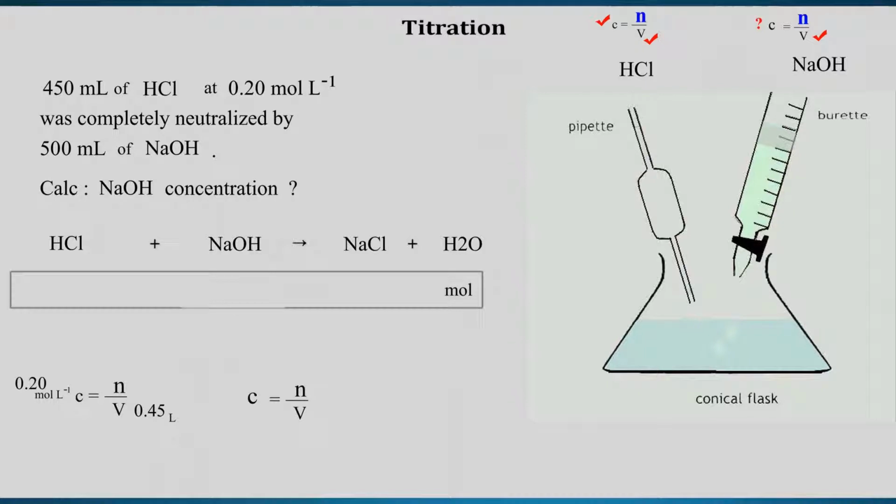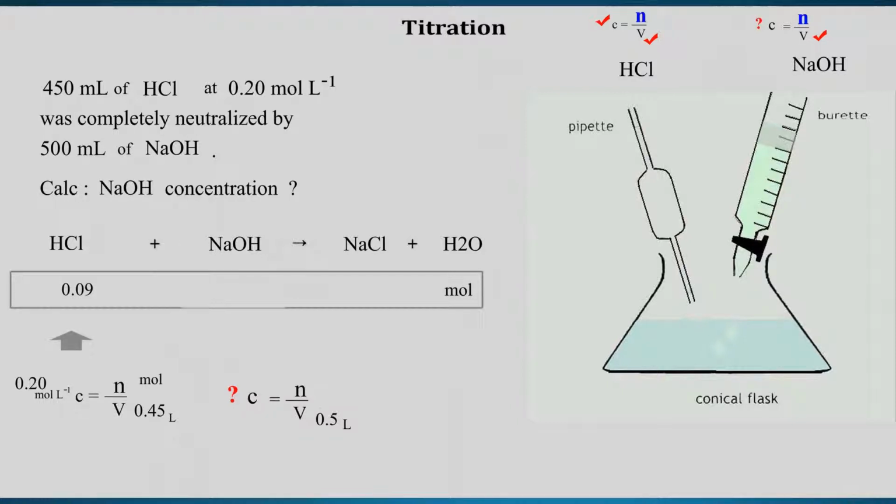You know the V, you know the C, so you know the mole. For NaOH, you know the volume, but you don't know the C. You want to find the concentration, the C. That's the purpose. How? By titration, neutralizing.